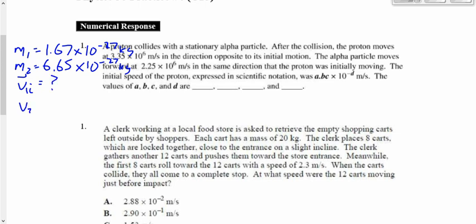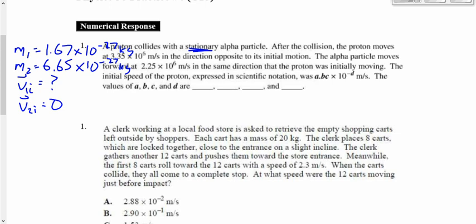Do we know what V2I is, the initial velocity of the alpha particle? Yep, 0, right. It says it's a stationary alpha particle. Watch those words, right? Stationary, not moving. Know what those mean, because we don't want to get a question wrong just because of the definition.